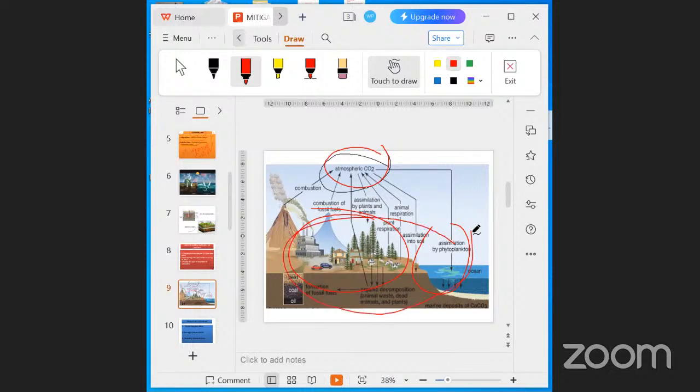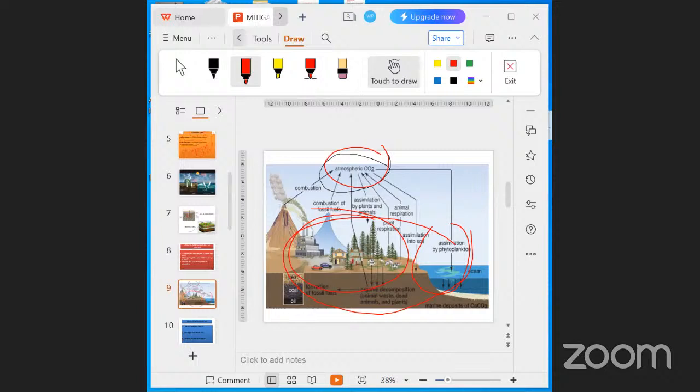All the coal materials and fossil fuels have a lot of carbon present inside them. This is how coal is created, as I already told in the previous lesson. When you take the coal from the ground and burn it, the carbon is released again into the atmosphere. So this is the cycle in the environment.